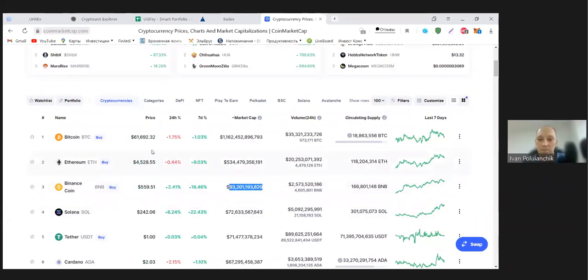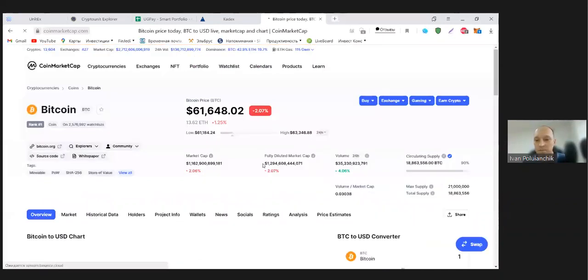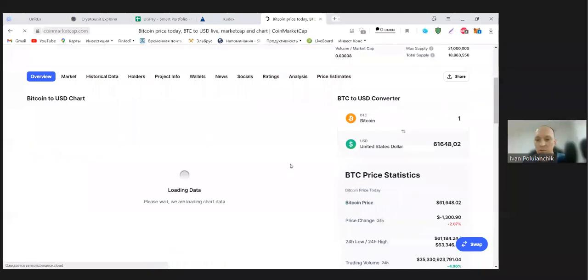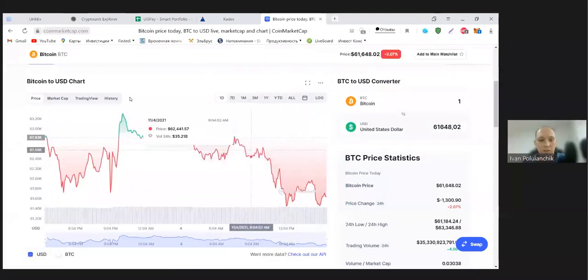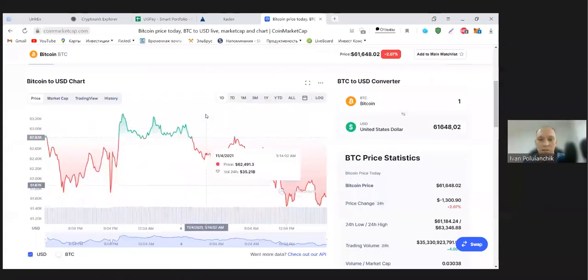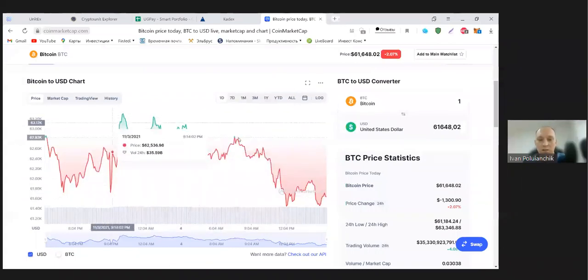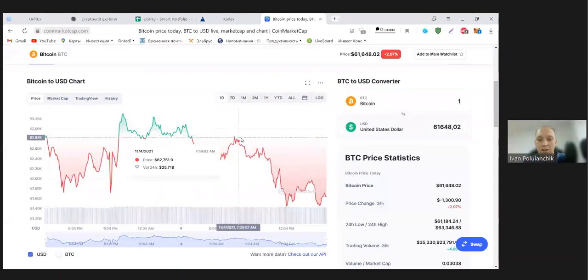I believe everyone would like to know where the cryptocurrency will go, either up or down. I believe you are all interested. We open the chart and look here on CoinMarketCap. You may review the history of the development of different coins over different time periods.